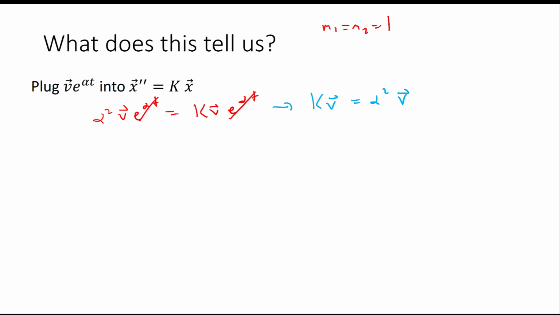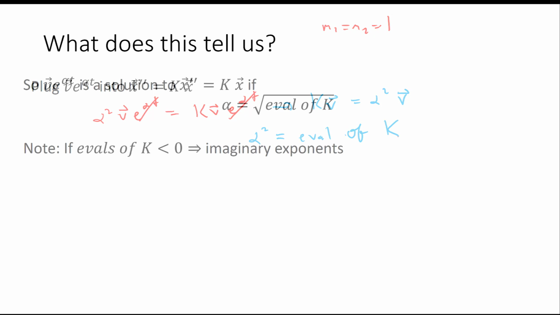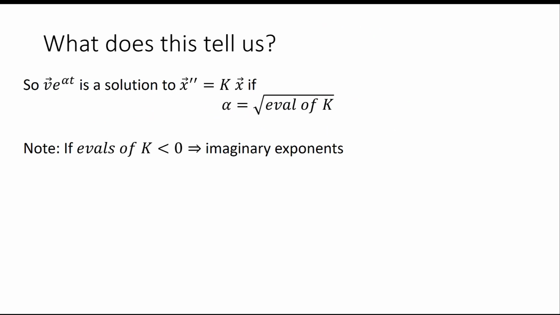The difference here now is that alpha squared is equal to an eigenvalue of K. The conclusion of our calculation on the previous slide is that v times e to the alpha t is a solution to x double prime equals Kx if the exponent alpha is the square root of one of the eigenvalues of K. And we'll see in most of the examples, in fact any example of a real stiffness matrix, that the eigenvalues of K often are less than 0, meaning that we're going to end up with imaginary exponents, meaning oscillations, meaning we can calculate resonant frequencies off of those.